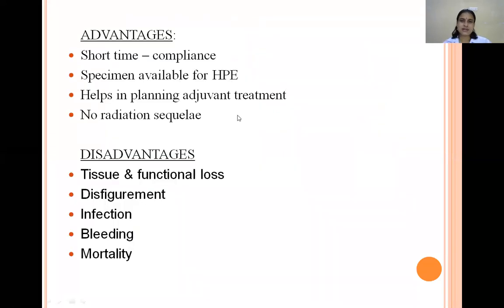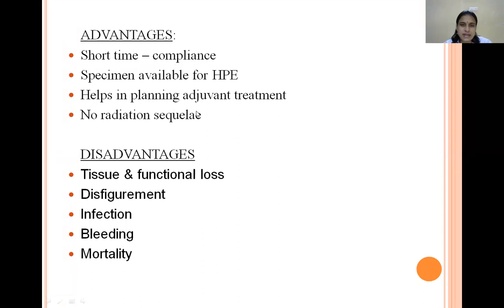Now, what are the advantages? Obviously, surgery has some advantages of its own. You can have a specimen for histopathological examination, so confirmation, and to know the extent of the disease also it is useful. Surgical excision, short-term compliance is present.